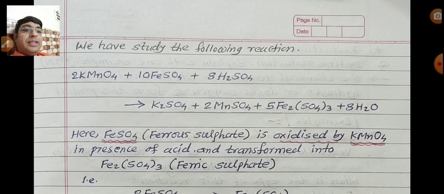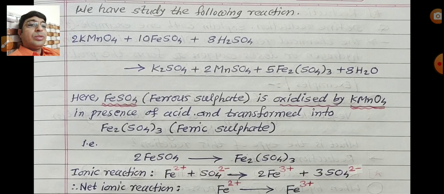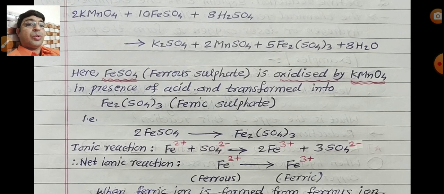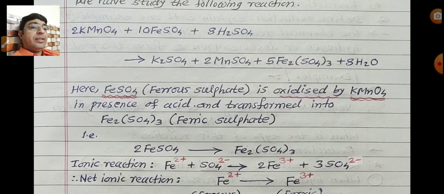We have studied the following reaction: 2 KMnO4 plus 10 FeSO4 plus 8 H2SO4, then to form K2SO4, 2 MnSO4, 5 Fe2(SO4)3 plus 8 H2O. Here FeSO4, ferrous sulfate, is oxidized by KMnO4 in the presence of acid and transforms into Fe2(SO4)3, that is ferric sulfate.